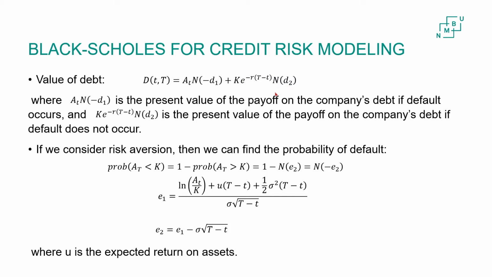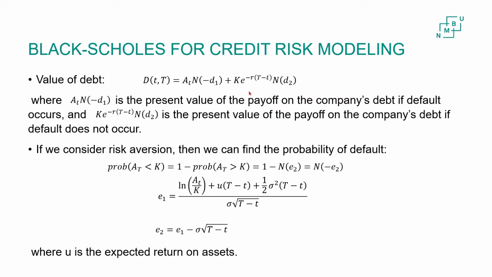You can see from the use of D1 and D2 that this formula uses the risk-free or risk-neutral probabilities.